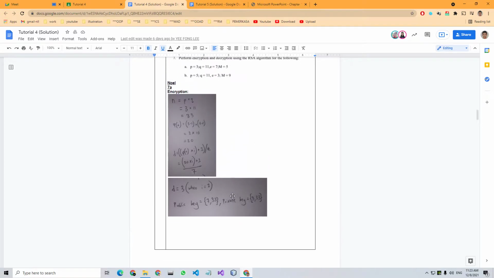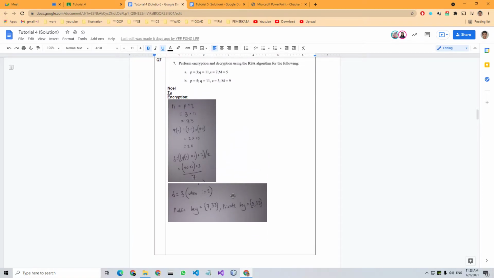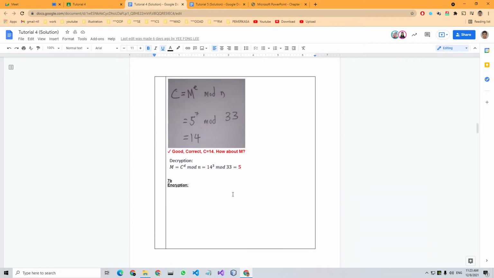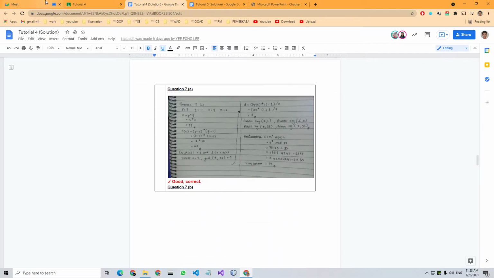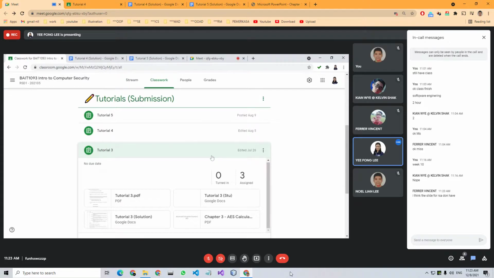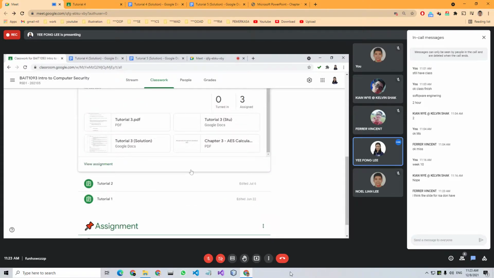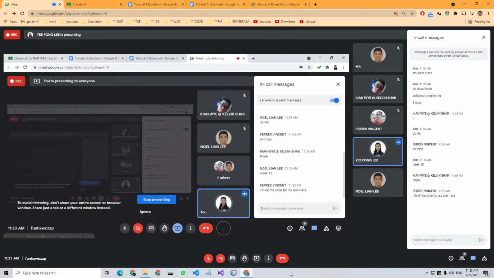Let me check my file, the PDF. I already saved it in my computer. Maybe I forgot to upload it, wait a moment.